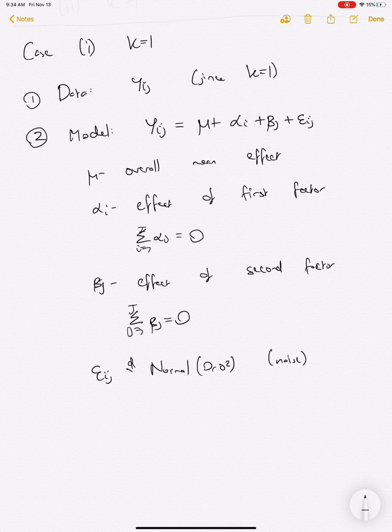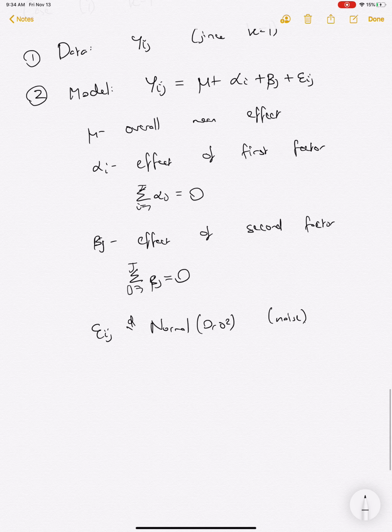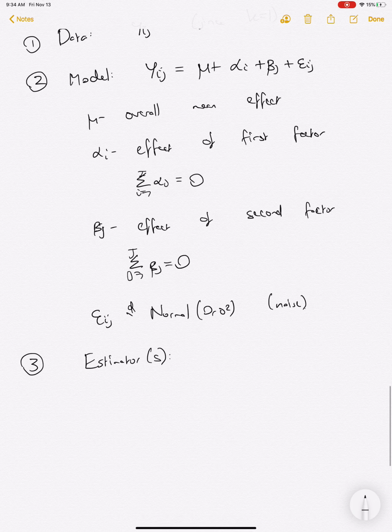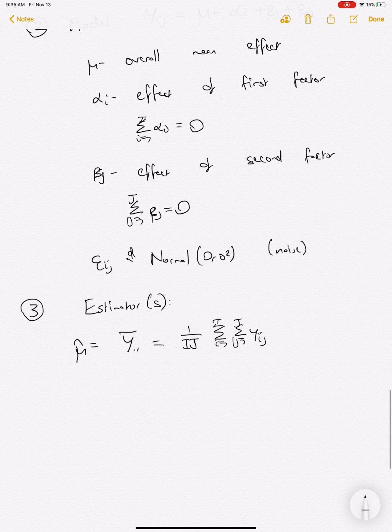Okay, and so now let's again keep the 6 components in mind. So let's think about the estimators. A lot of things stay pretty similar here. So mu hat is the overall mean, and we estimate that as we did before.